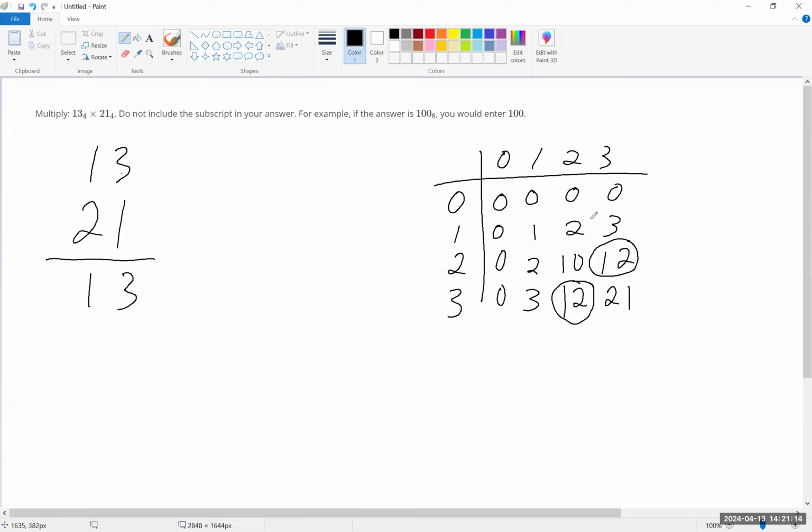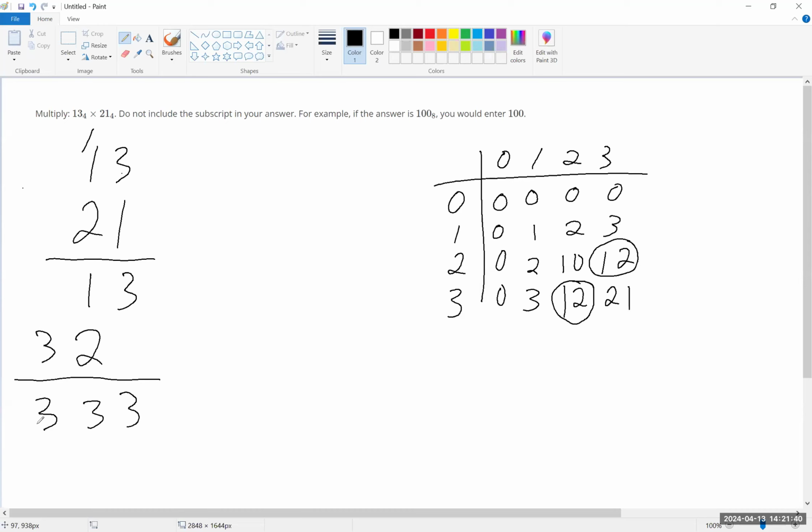So we write down the 2 and carry over the 1. 2 times 1 is 2, plus 1 is 3. So this is 3, 3, 3. And that's what we get.